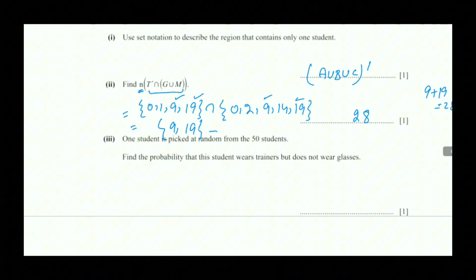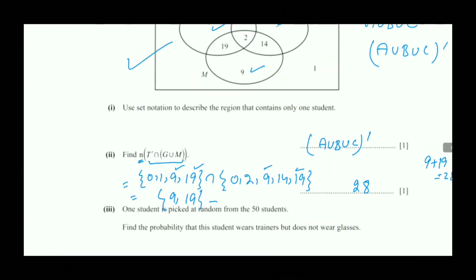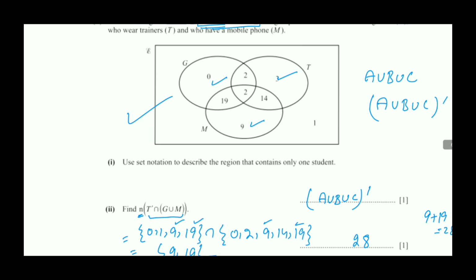So next question, one student is picked at random from the 50 students. Find the probability that the student wears trainers but does not wear glasses. These are the trainers. So wears trainers but does not wear glasses means 14 and 3.